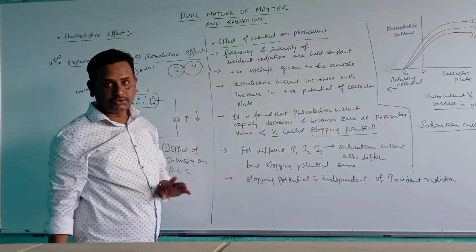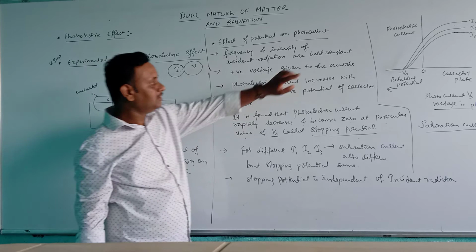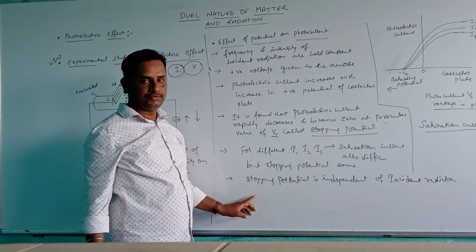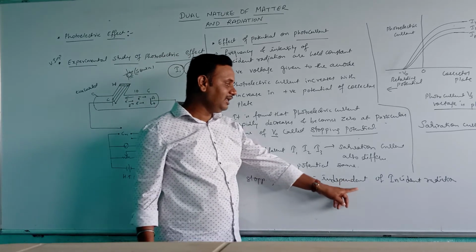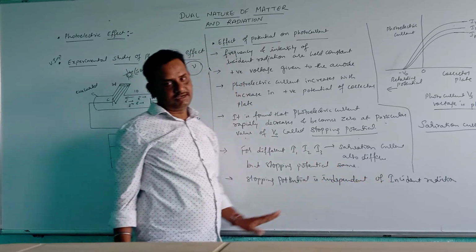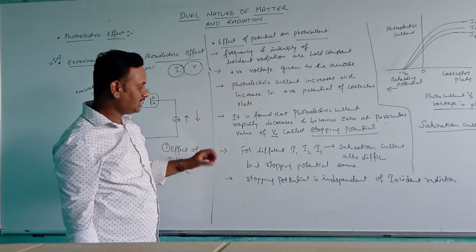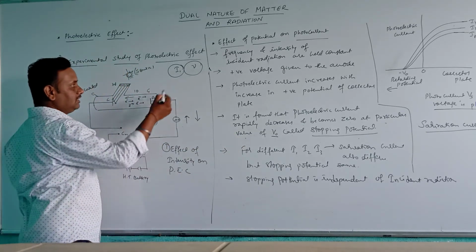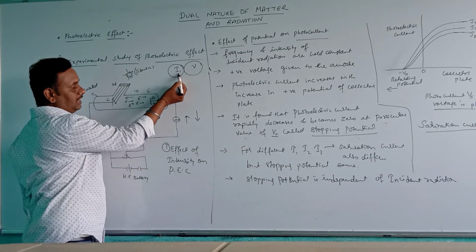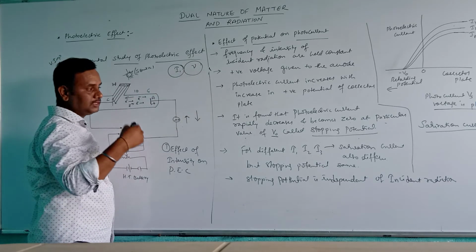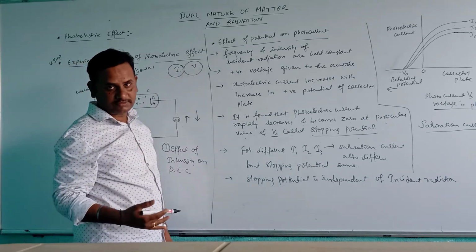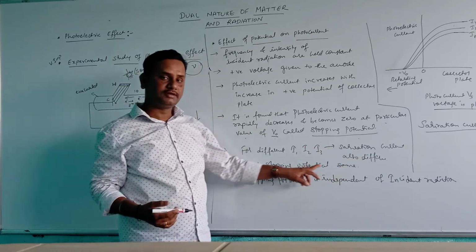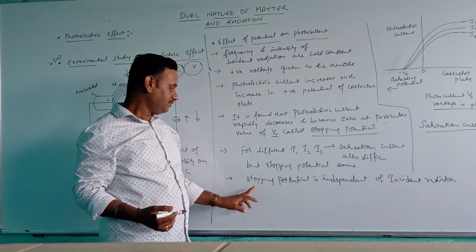But one point you should remember is that here the stopping potential remains the same. So stopping potential is independent of the intensity of the incident radiation. Once again I am repeating this point: for different intensities I1, I2, I3, the saturation current changes, but the stopping potential remains the same.